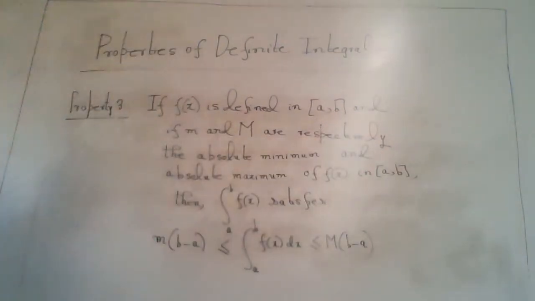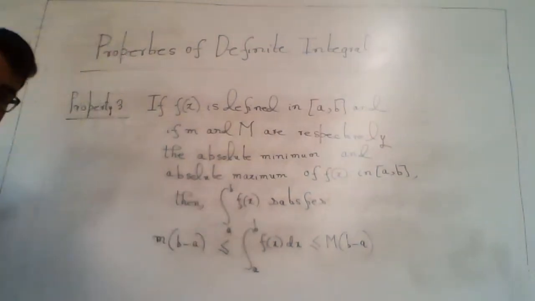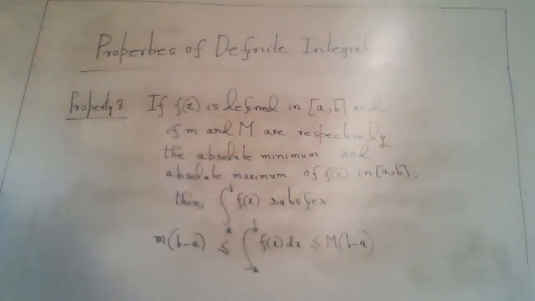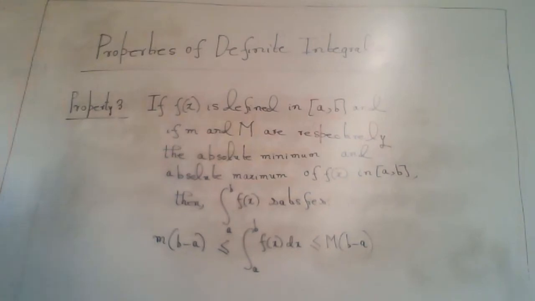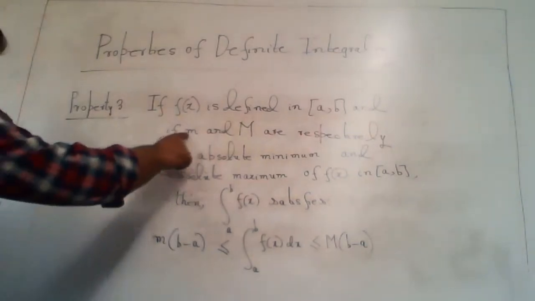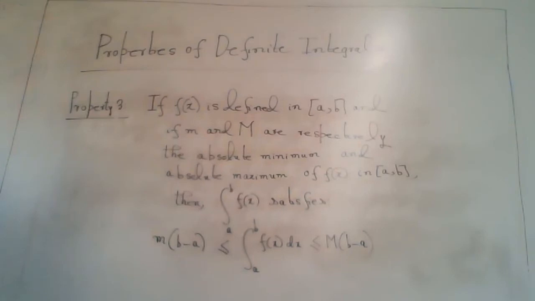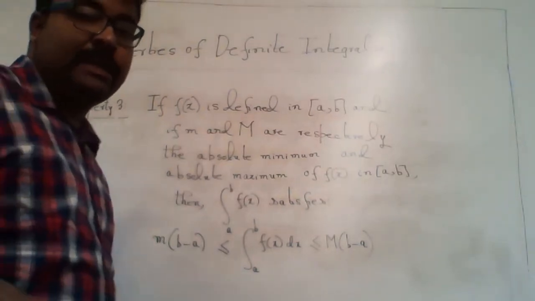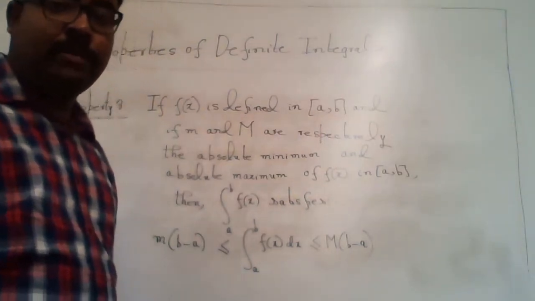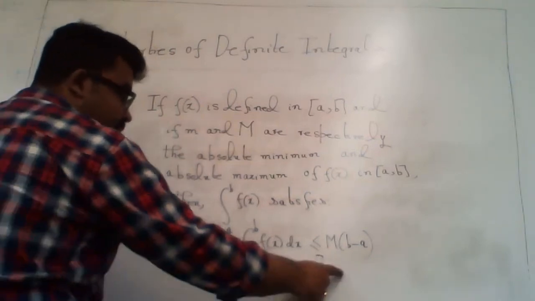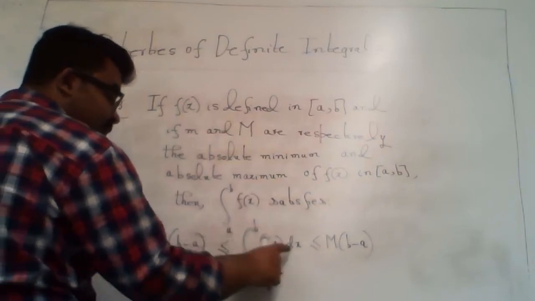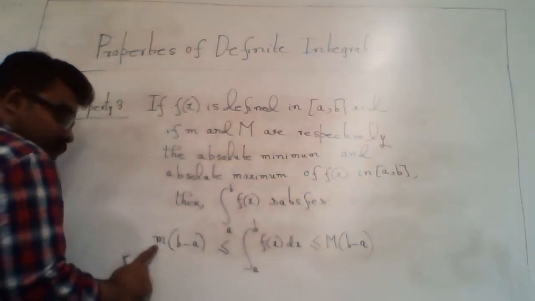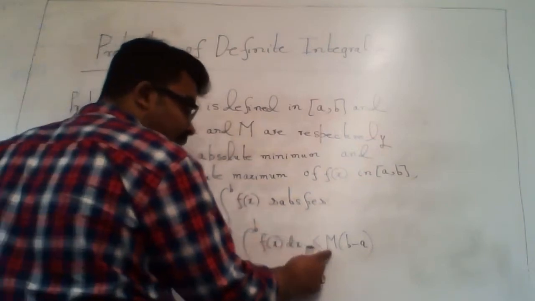The largest among these values gives you the absolute maximum, capital M, and the smallest gives you the absolute minimum, small m. Once you find capital M and small m using this technique, you can write down the inequality that the integral from a to b of f(x) dx must lie between small m (b minus a) and capital M (b minus a).